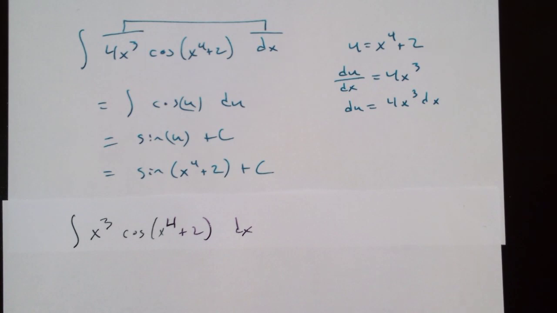There are two different ways to fix this problem because I can't do the same thing I did in the previous version. Why not? What's changed? There's no 4. There's an x cubed, but there's no 4, right?